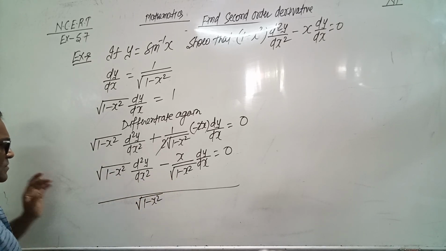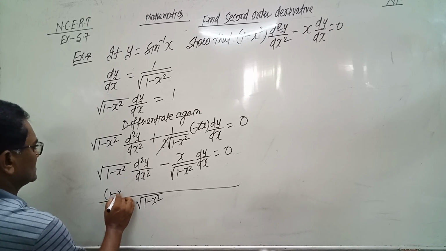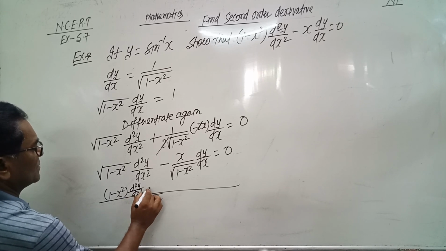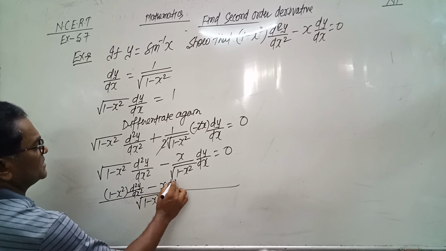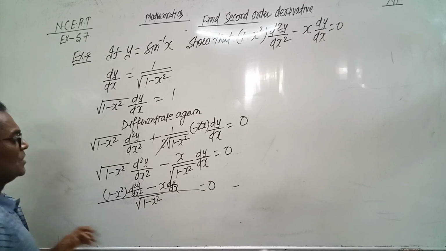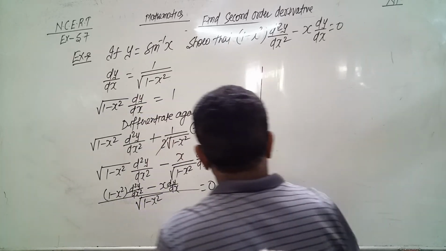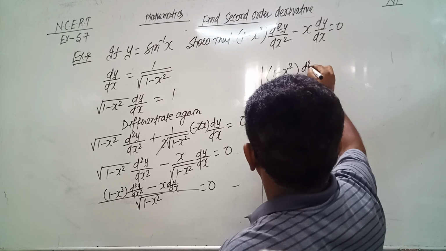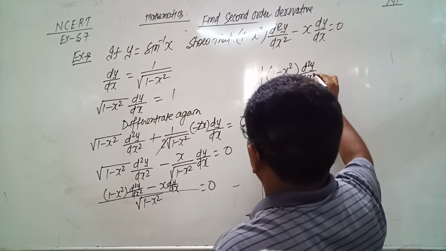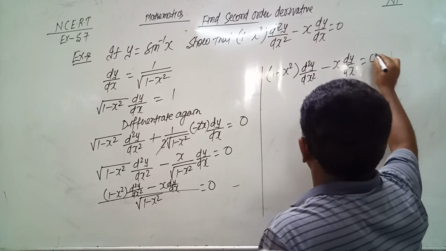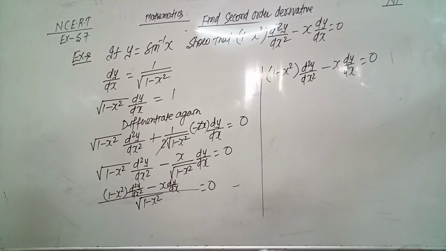Root 1 minus x square multiplied by root 1 minus x square gives 1 minus x square d2y by dx square minus x dy by dx equals 0. So we get 1 minus x square d2y by dx square minus x dy by dx equals 0. So we completed exercise 5.7.